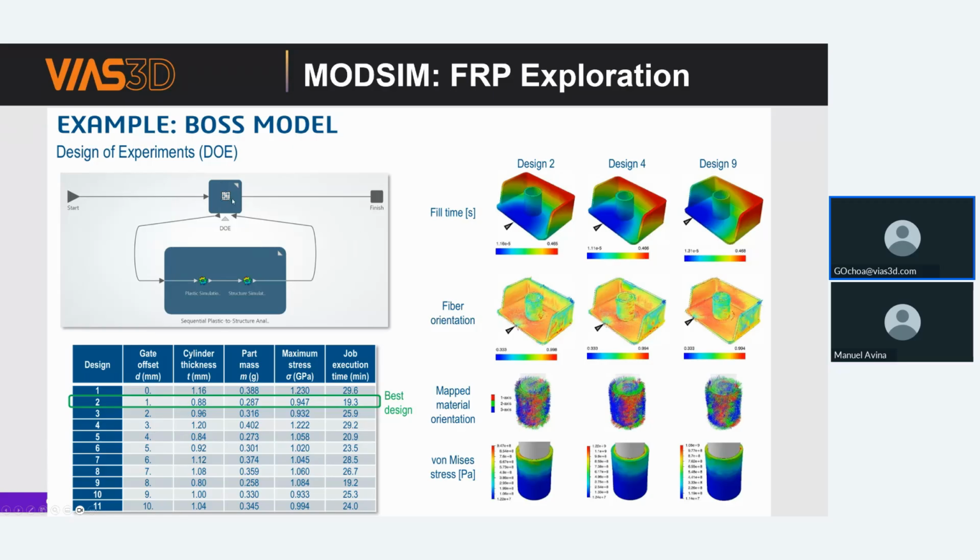In this case, it's an automated design of experiments where in an automated way, we are changing the injection location and again, automatically doing the injection molding simulation, and then mapping the fiber orientation to a structural mesh, and then performing the structural simulation automatically. So this way, we spend more time evaluating this type of results instead of manually mapping the fiber orientation.